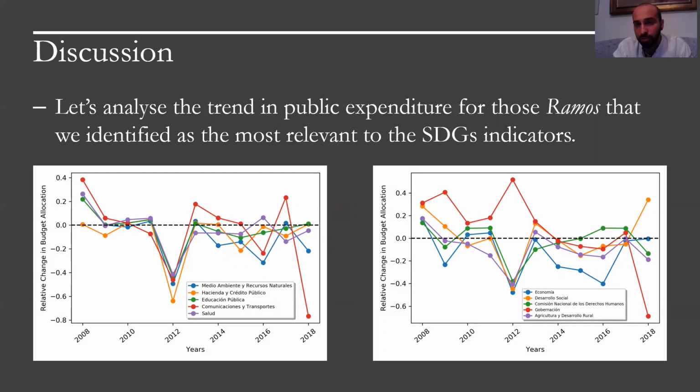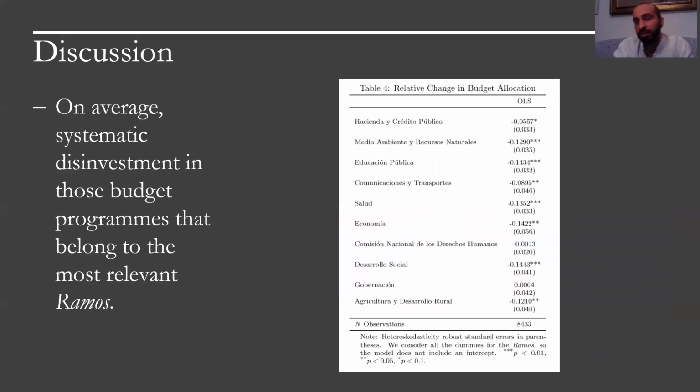And it seems that, especially in the last years we consider, there has been a systematic disinvestment in these macro categories of expenditure. Here we simply regress the relative change in the budget allocated to a program on the full set of dummy variables for the individual ramos. Here we report only the estimates for the ramos that we identified as the most important ones. The negative and significant coefficient on most of the variables further supports the insights that we got from the previous figures.